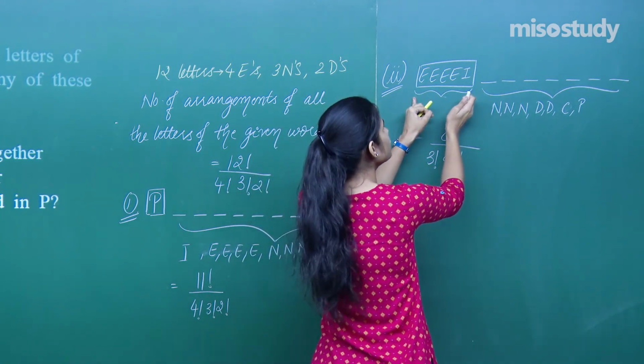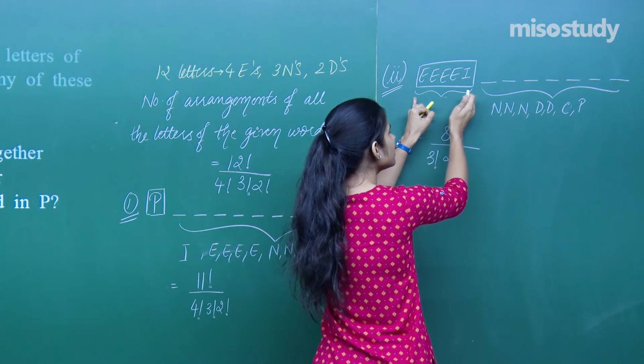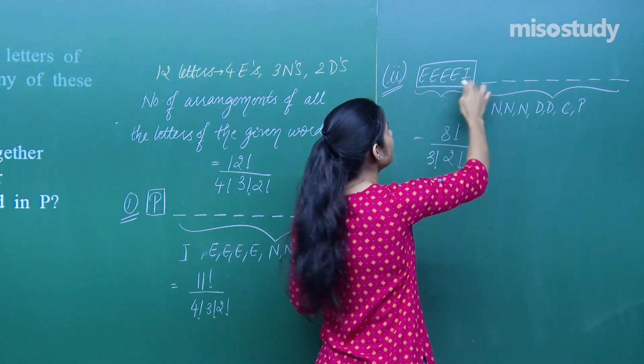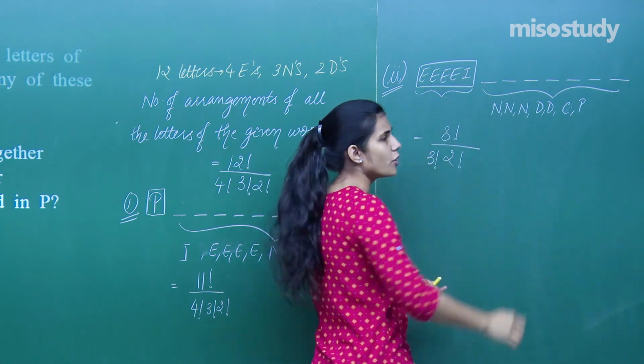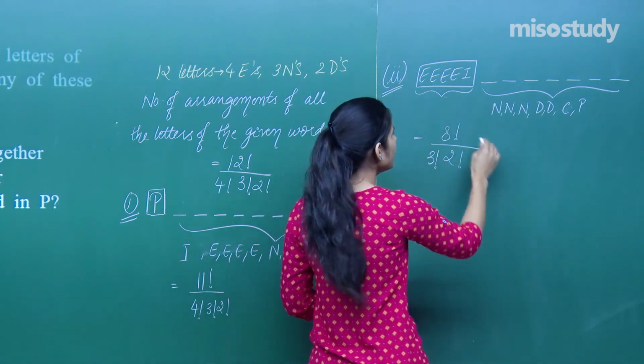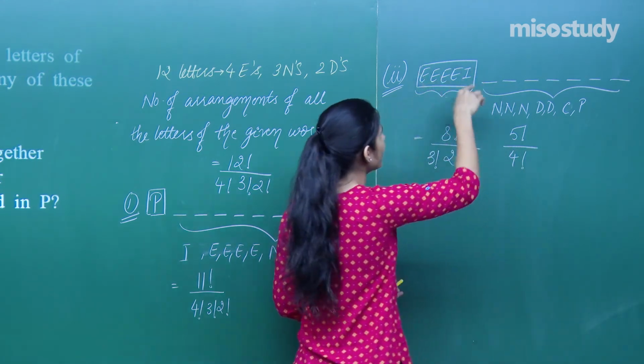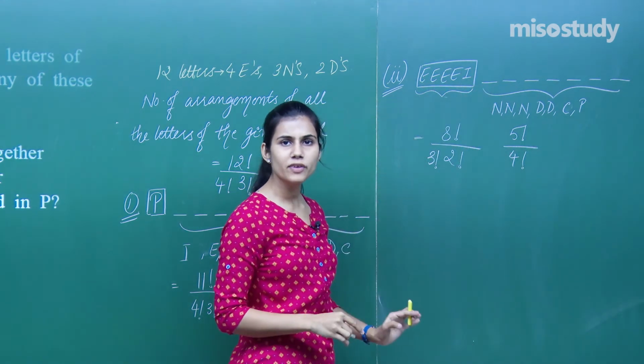Corresponding to this arrangement of these 5 vowels, I am getting these many words. In how many ways can I arrange these 5 vowels among themselves? I can do that in 5 factorial upon 4 factorial ways, because 5 are they in number and 4 are same of one kind.